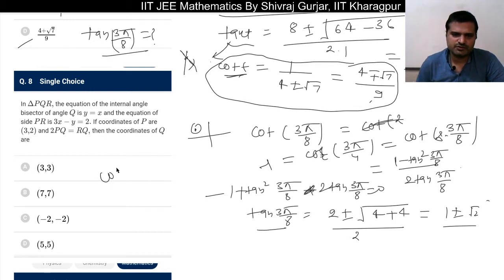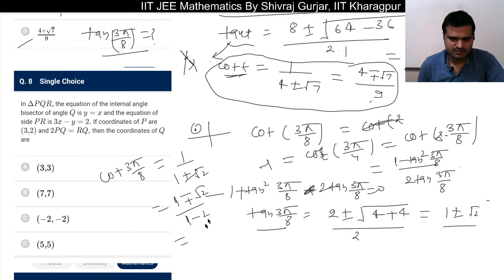So what will be cot 3 pi by 8? 1 divided by 1 plus minus root 2. So we need to multiply, that is 1 minus 2. So this will be plus minus root 2 plus 1, minus 1 actually. Okay, we cannot take minus because 3 pi by 8 is in the first quadrant, so we have to take plus. So cot 3 pi by 8 is root 2 minus 1.